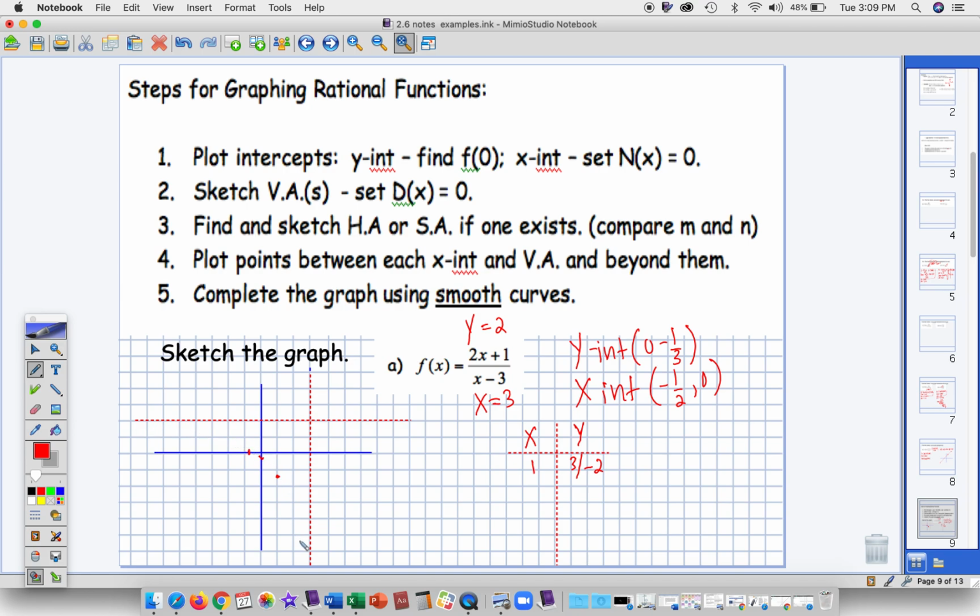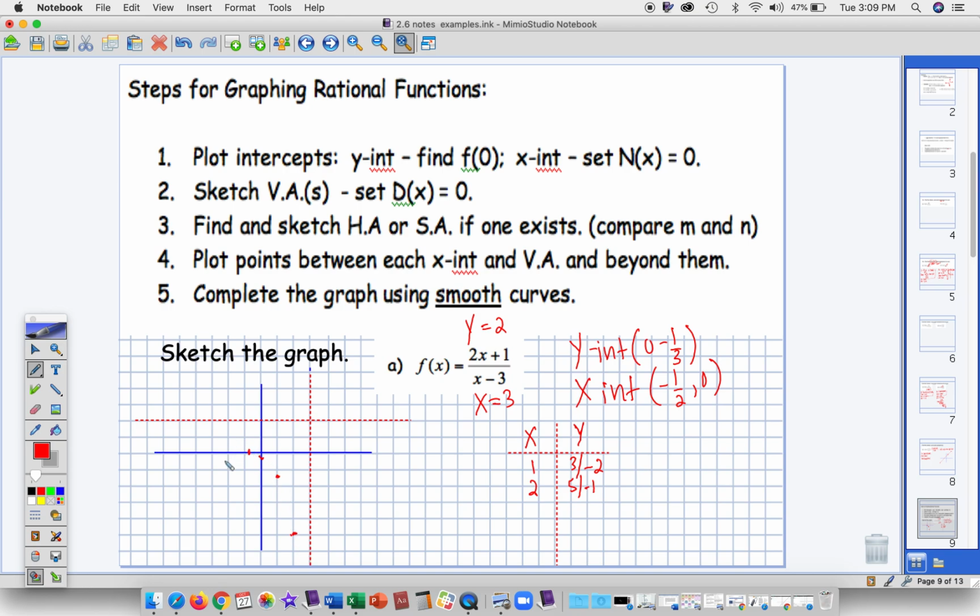But it's still good to plug in some points to get a general shape of the graph. If I plug in 2, then I'm going to get 5 over negative 1, or negative 5. So you can see how this is starting to soar downward and approach that vertical asymptote.